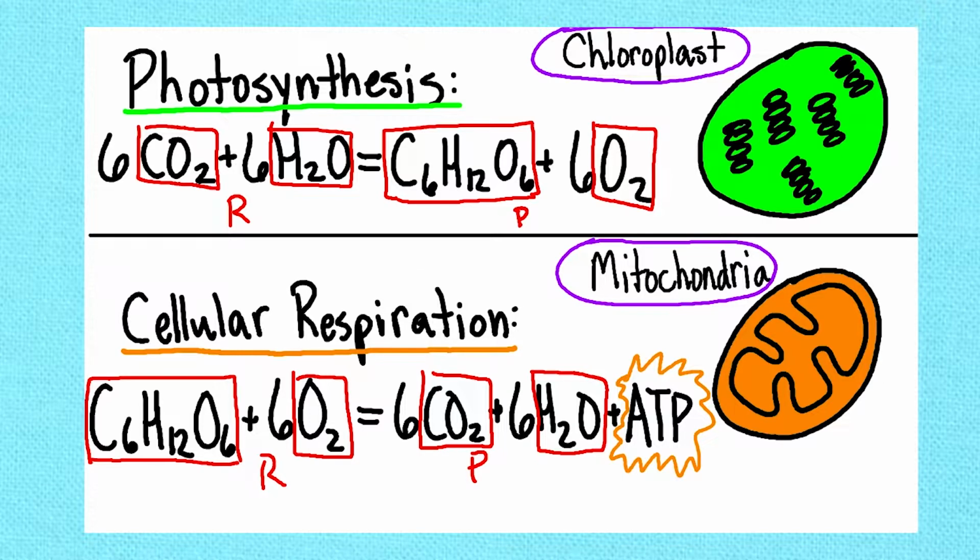Now, I know you are sick of this because we have literally beat it to death in like 4 videos at this point. We gotta know the products and the reactants of photosynthesis and cell respiration. Remember, reactants are on the left, products on the right. Photosynthesis and cell respiration flip-flop their products and reactants. As you can see here, glucose and oxygen become what you need in the next one, and what you needed in the first one, CO2 and H2O, become what you give out in the other one.